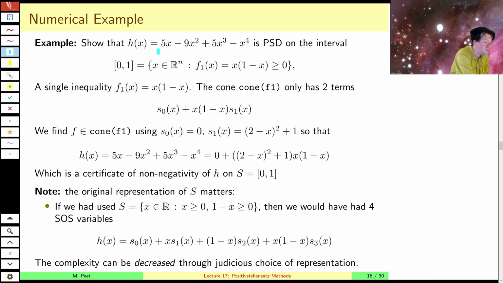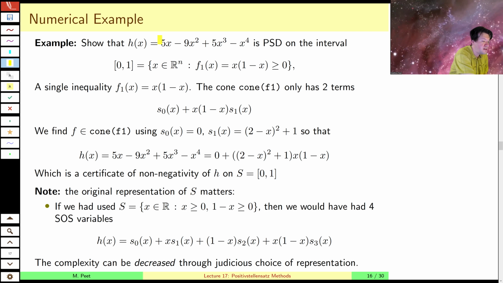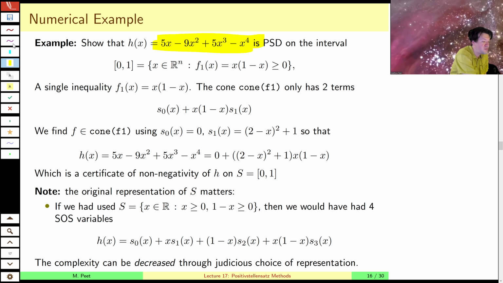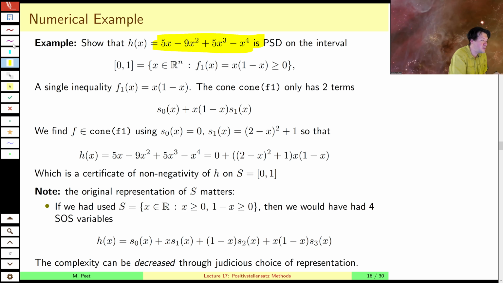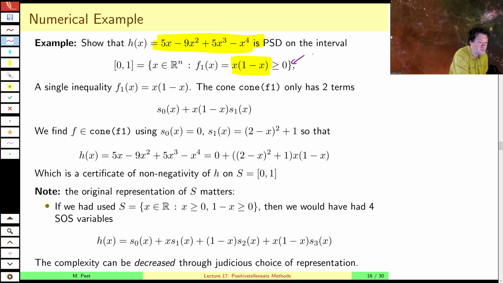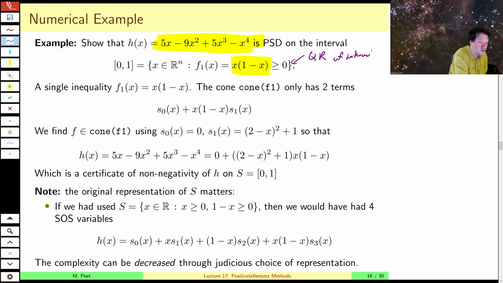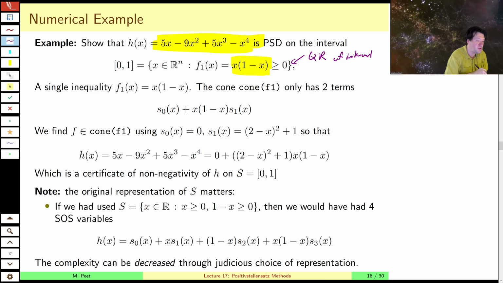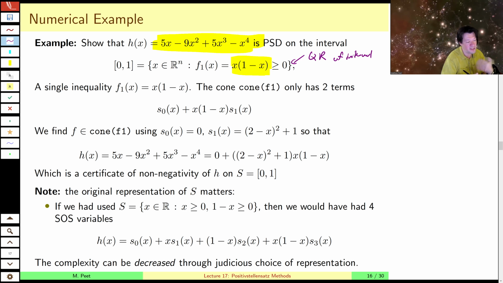Suppose we have a polynomial and we want to determine whether it's positive on the interval. And here we're going to be very smartly using the representation of the interval, the quadratic representation. You don't know why the quadratic representation is good, but you have to take my word for it. We'll motivate that in the next part.